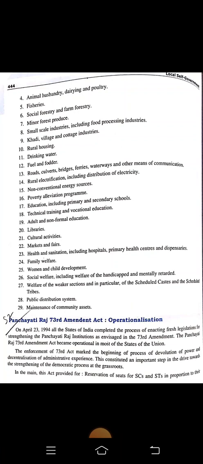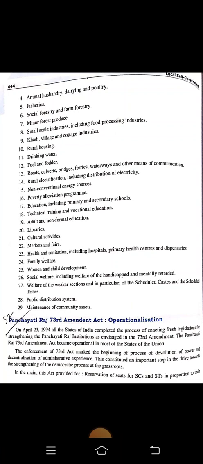The 73rd Amendment Act became operational in most of the states and union territories. The enforcement of the 73rd Act marked the beginning of the process of devolution of power and decentralization of administration. This constituted an important step in the drive towards strengthening democratic politics at the grassroots.